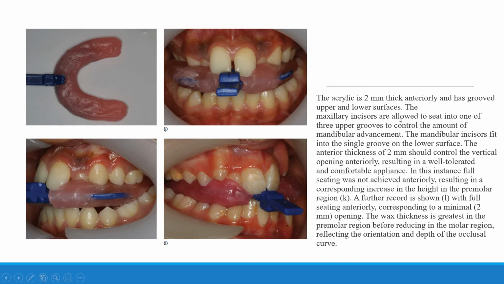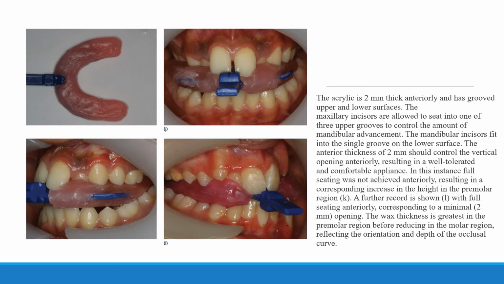Here we put the maxillary incisors to sit into one of the 3 upper grooves to control the amount of mandibular advancement. The mandibular incisors fit into the single groove on the lower surface.